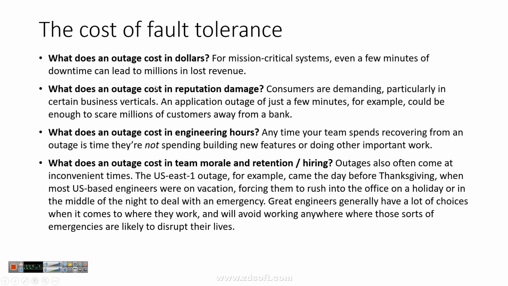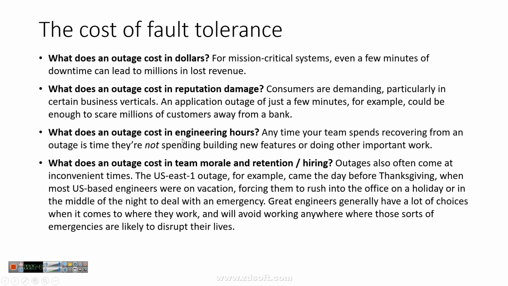And at what cost should we do fault tolerance? Mostly we should answer these four questions, and if the outage impacts cost too much, then we should go for a highly fault tolerant system. Firstly, what does an outage cost in dollars? What does an outage cost in reputation damage?